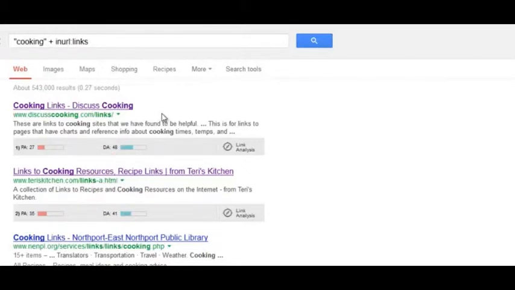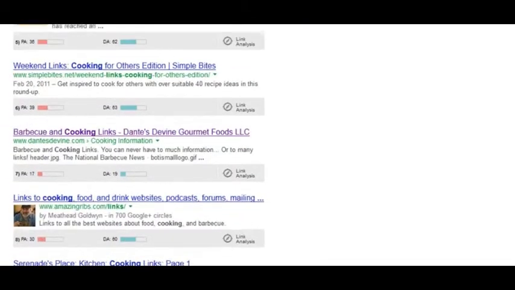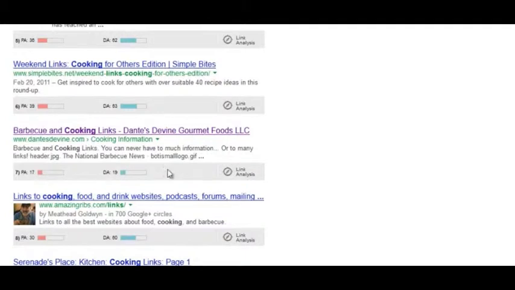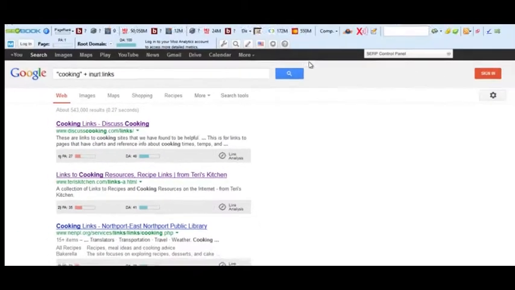But because these are resource pages and we're going to be getting our links on that particular page, it's more important to pay attention to page authority. So as you go down the list, if you see a page authority, let's say 10 or 5 or even 17, it may not be worth reaching out to them. But that depends on how much resources you have for this particular link building strategy.